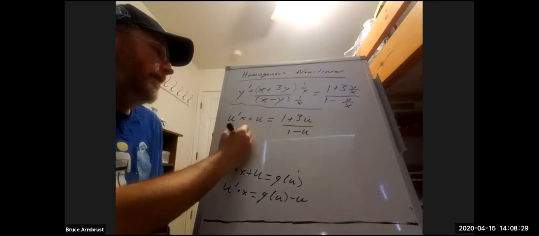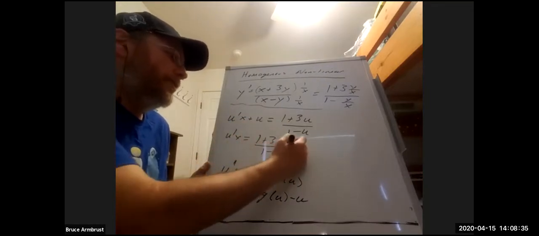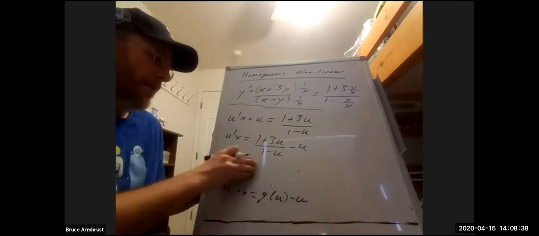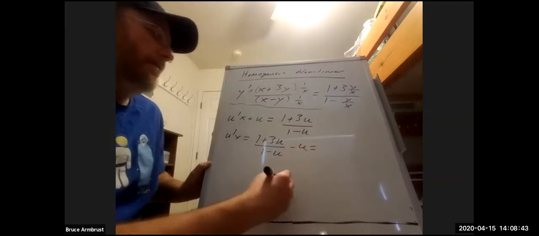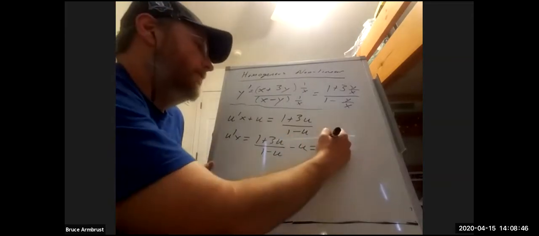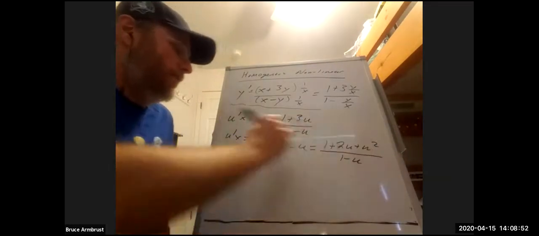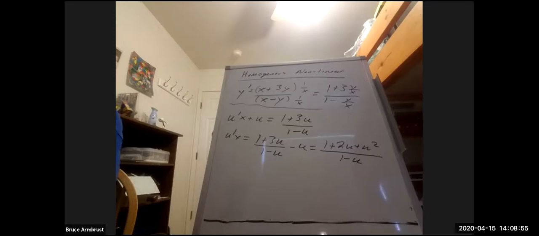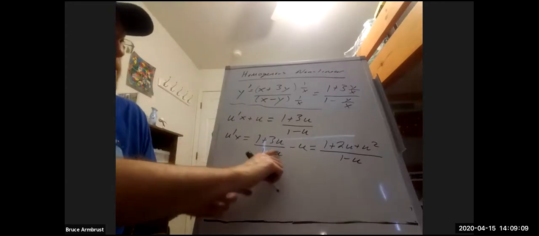So we're going to get u prime x is equal to 1 plus 3u over 1 minus u, minus u. And if I get a common denominator, this is going to be the same as 1 plus 2u plus u squared over 1 minus u. The u squared came from the minus u down here times the minus u, and then the 2u, we've got a minus 1u plus 3u.